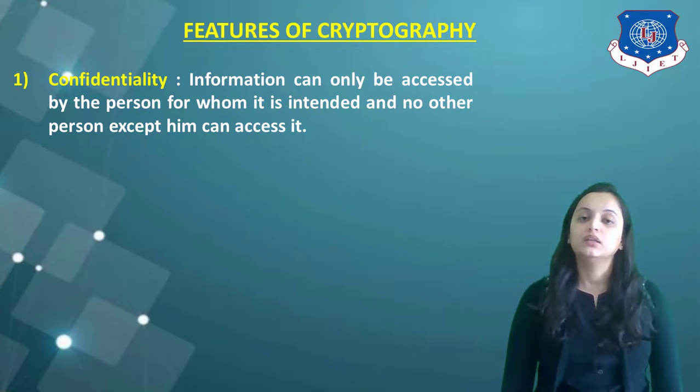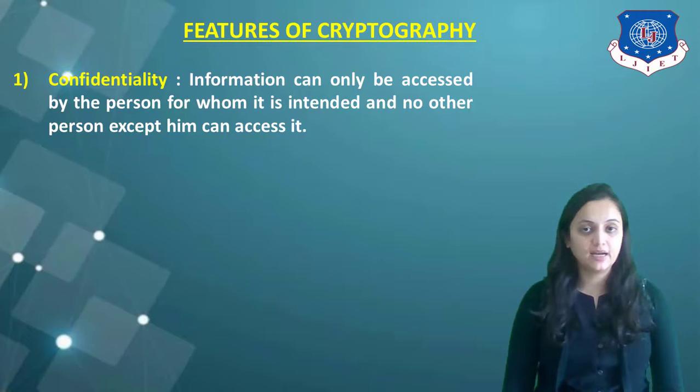That means when data which is very confidential is required to be sent, cryptography can be used. Only the person for whom the data is sent can understand it, and no other intruder can access the data, and they cannot even understand it. They cannot even decode it.